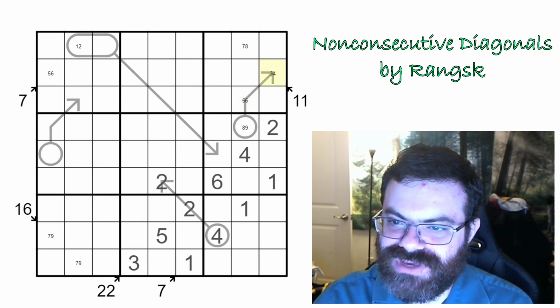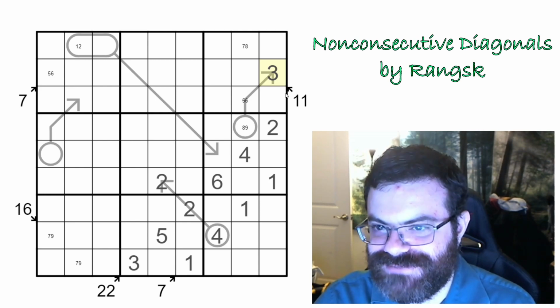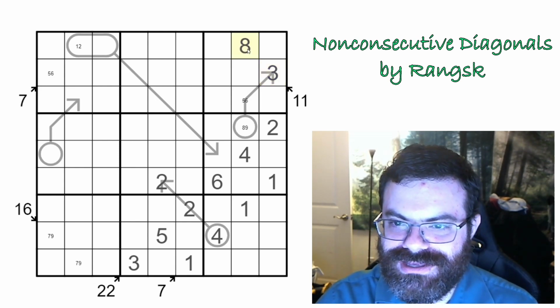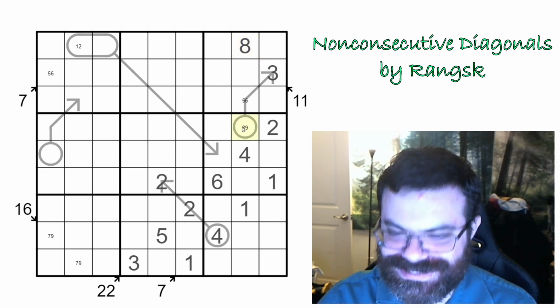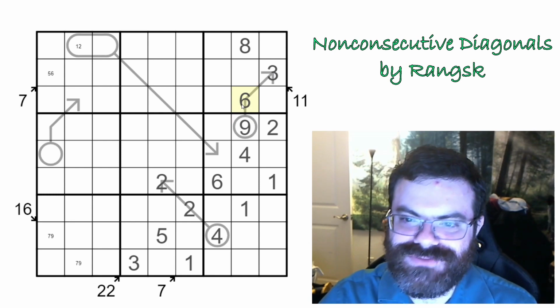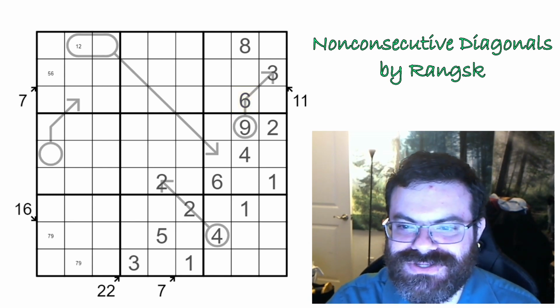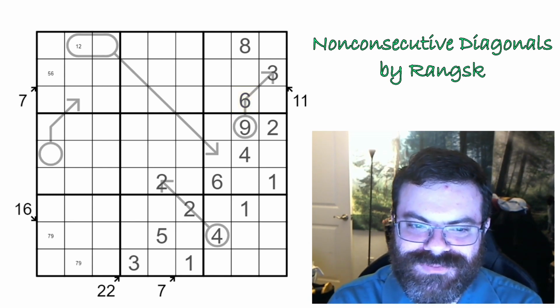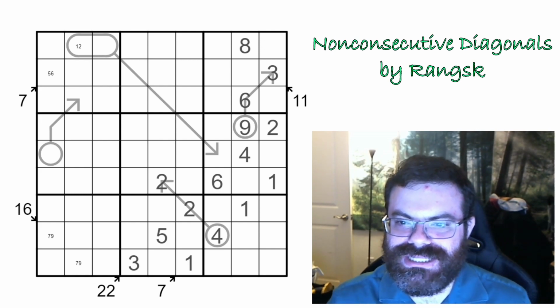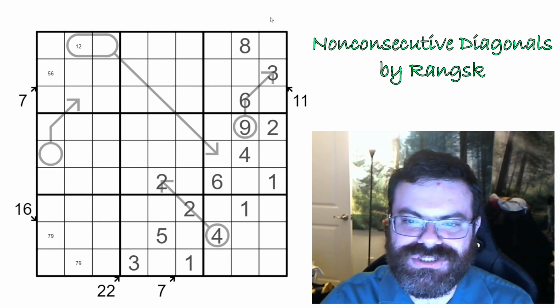So we can place a 3 here, and now the 11 forces this to be an 8. The 8 forces this to be 9, and so 3 plus 6 is 9. So we've filled out all these digits. What seemed like a bunch of candidates collapsed, because the diagonal constraint was extremely powerful, and it reduced our options to just 1.